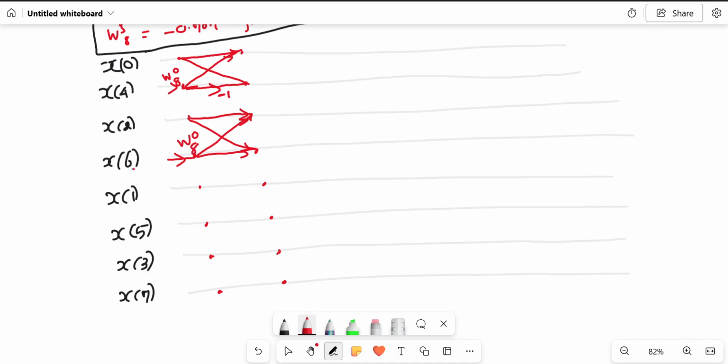Since it is 1, no need to write it. And next is the 2-point butterfly computation for x of 1 and x of 5, minus 1.